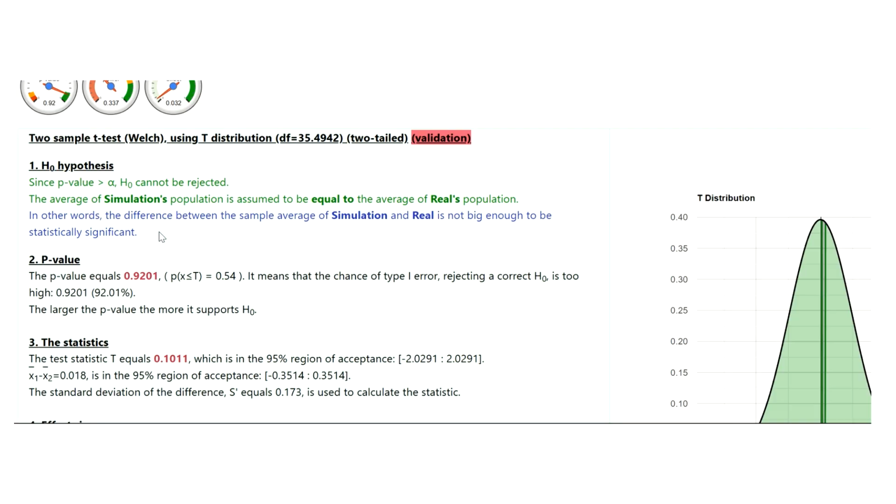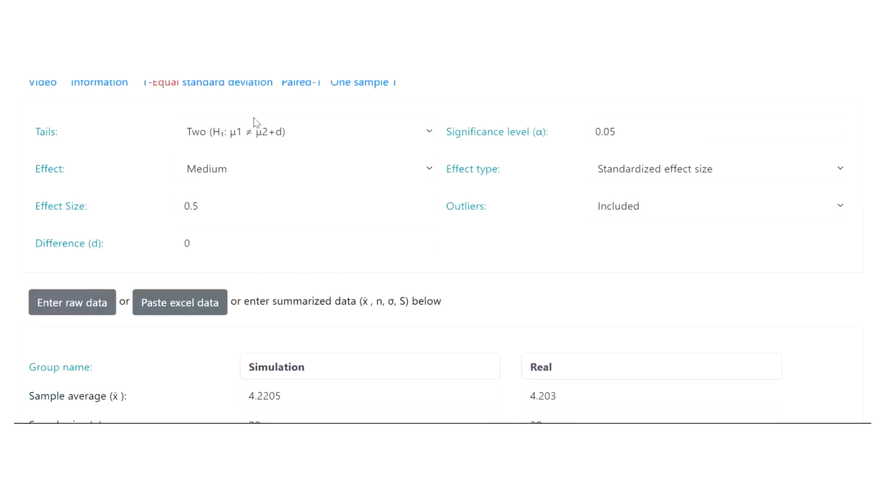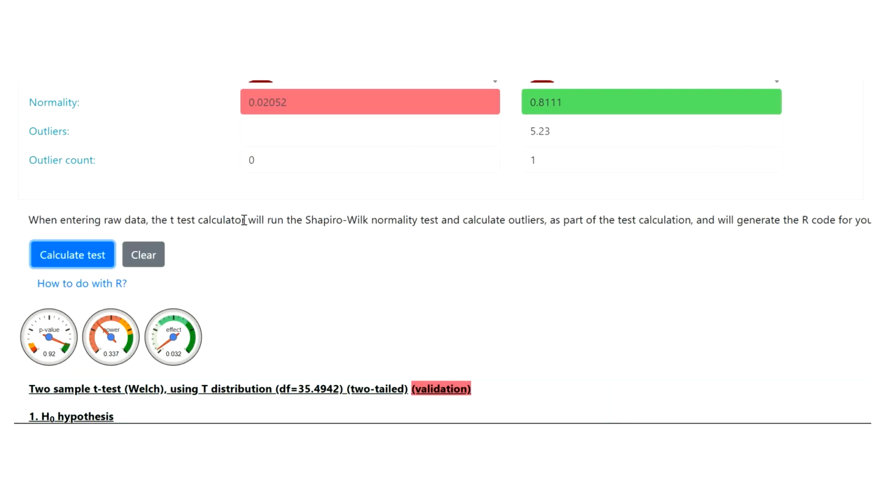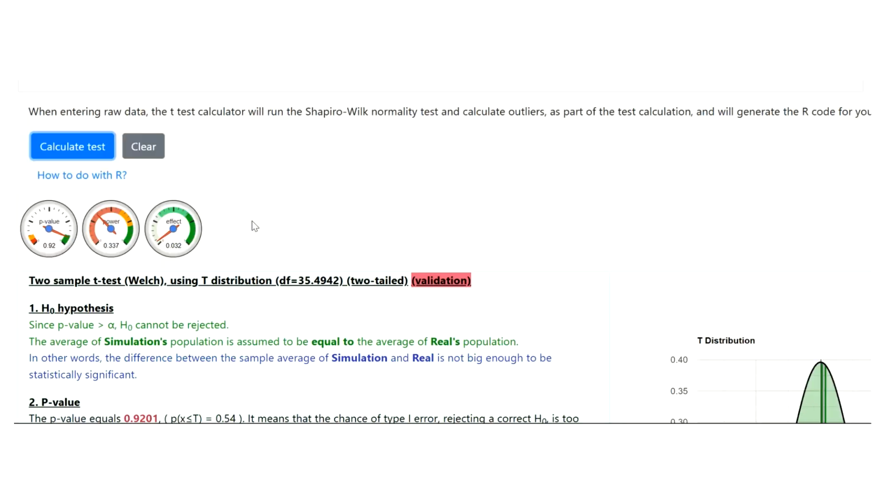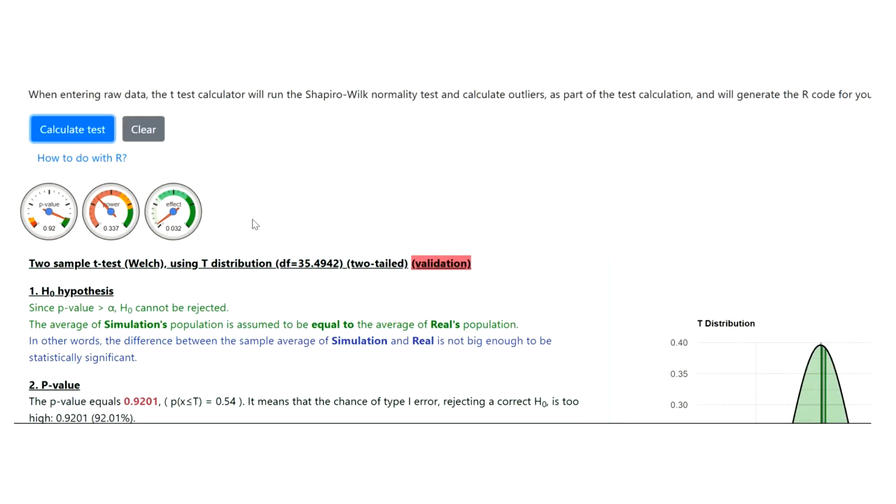And here the approach is still the same. If the p-value is higher than alpha, then the main hypothesis cannot be rejected. So in our case, the p-value is indicated here, alpha is indicated here, and it's quite clear that the p-value is higher than the alpha value.